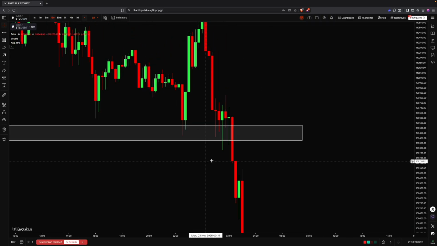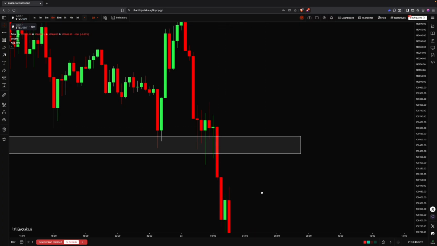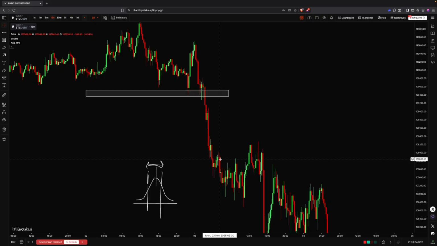That might be a bit of a word salad, but the range is a state of balance, right? And when the market has some catalyst in it where the buyers and the sellers are no longer relatively balanced, the market searches aggressively for the next state of balance. And since the buyers conceded at this point, the aggressive move was to the downside.